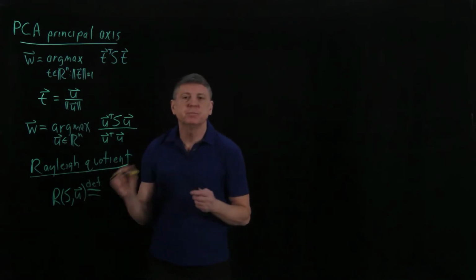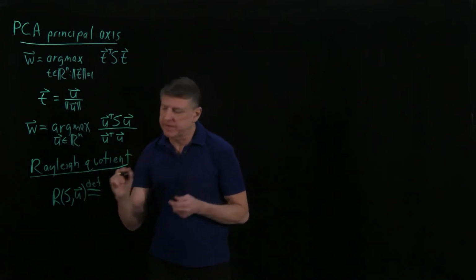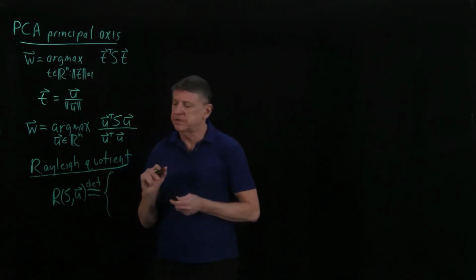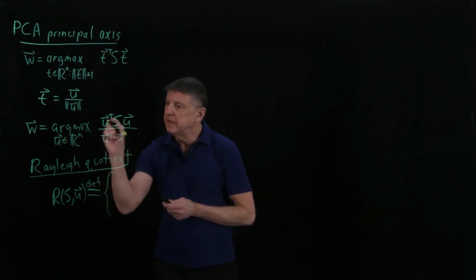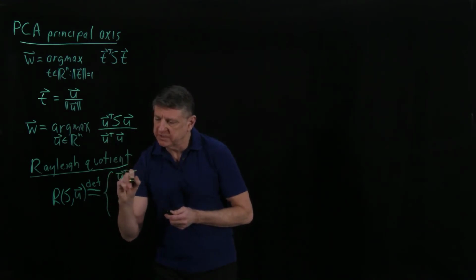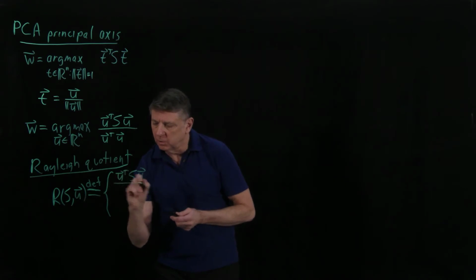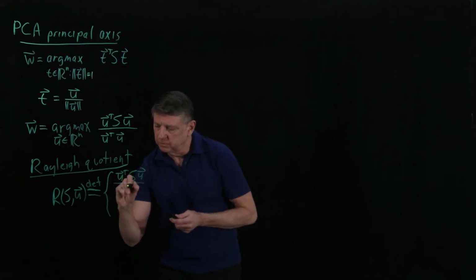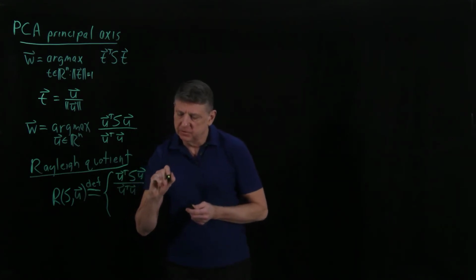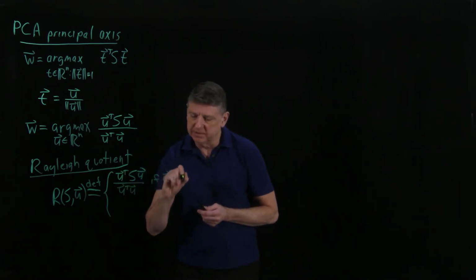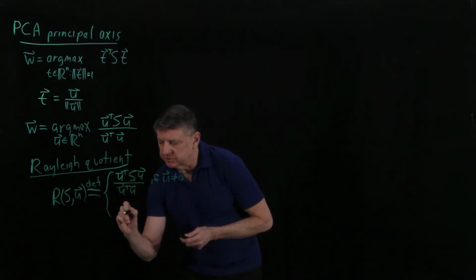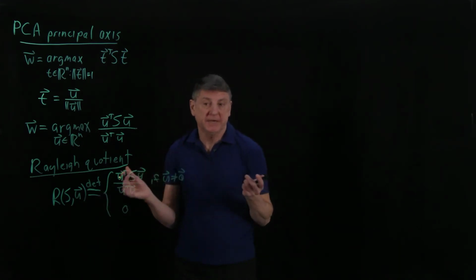let's computationally handle that zero case, because we're computer scientists and we like to be sure that we can perform a computation. So that will be u transpose S u over u transpose u, if u is not the zero vector, and otherwise this just returns zero, because zero is the limiting case of this.